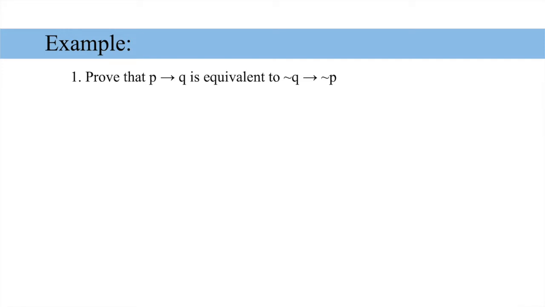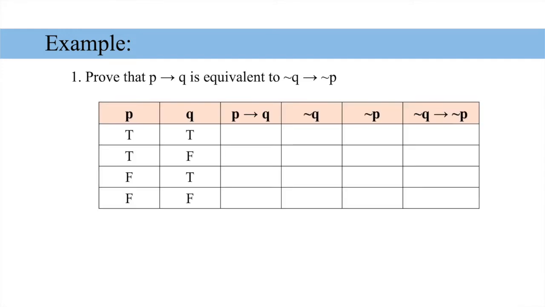To prove the question, let us construct a truth table. Since we only have two statements here, P and Q, our table is: true, true, false, false, true, false, true, false. Let us get the truth table for P implies Q and also the table for negation of Q implies negation of P. Let us see if they are equivalent, or whether they have the same truth table.